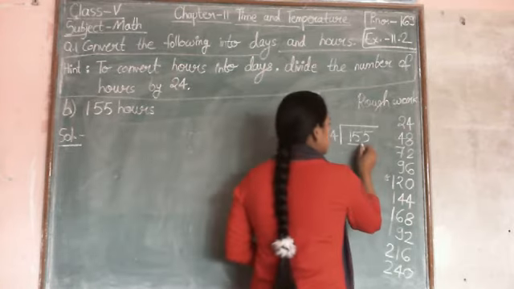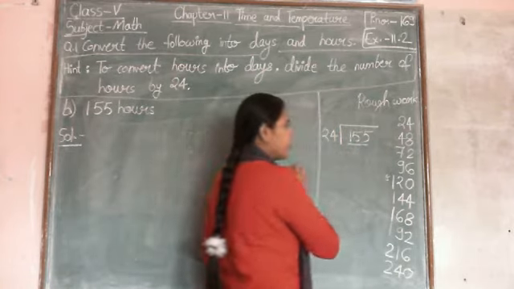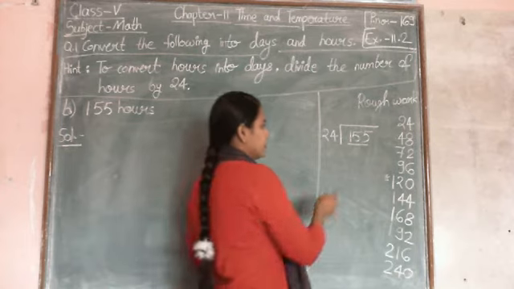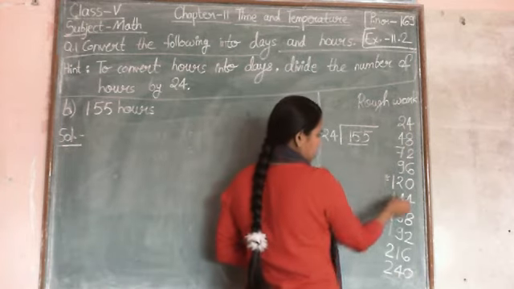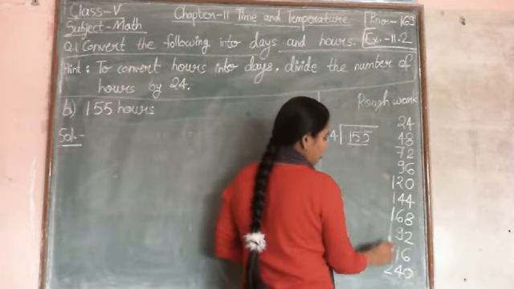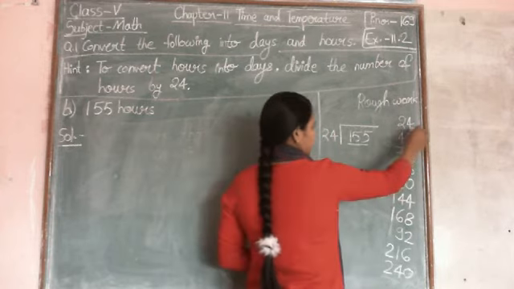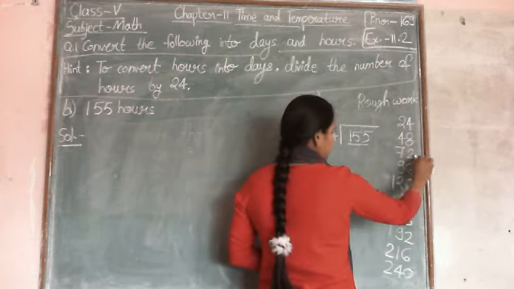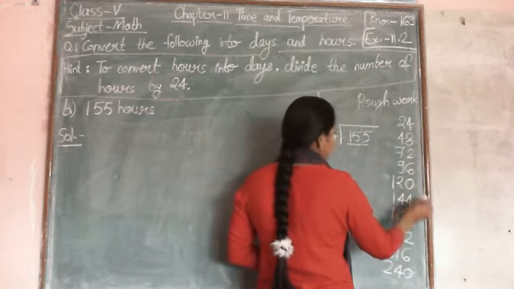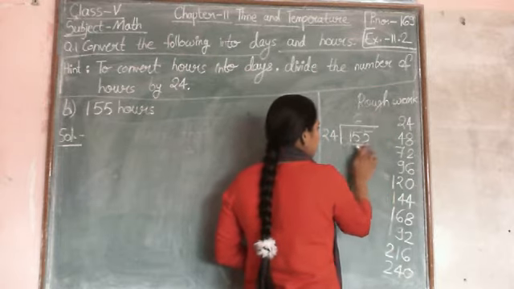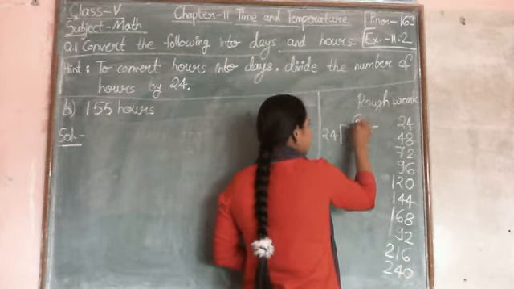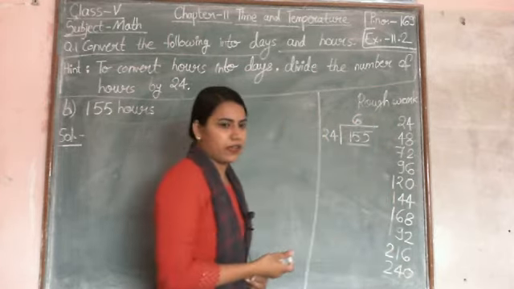So we will take all 3 digits of the dividend. Here is the table of 24. Now see in how many times we can divide: 1 time, 2 times, 3, 4, 5, 6. I think in 6 times we can divide 155. So 24 sixes are 144.